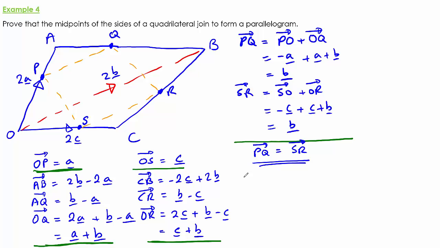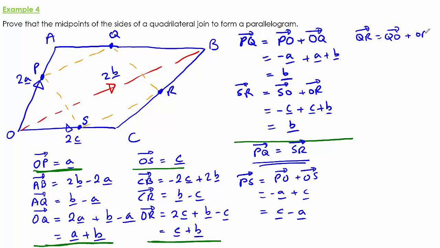And then we've got to do the other ones. So we've got PS, so that's going to be PO plus OS. So PO is minus A, OS is C, so that one's going to be C minus A. And then we also want QR. So QR would be QO plus OR.